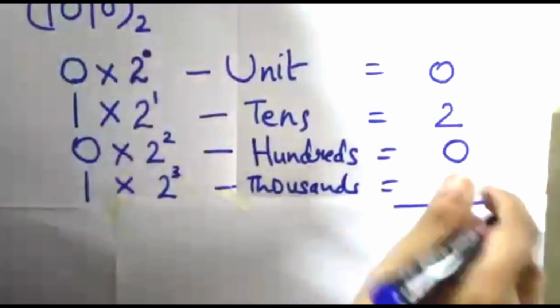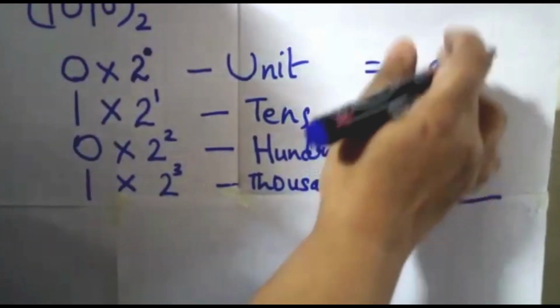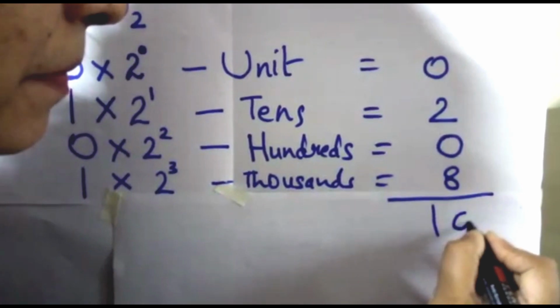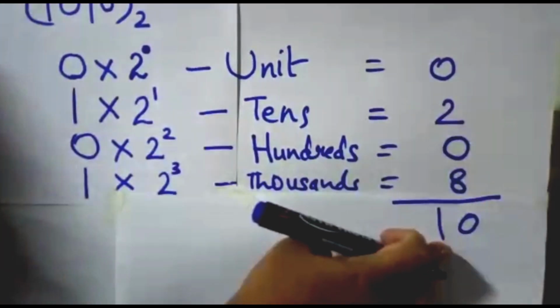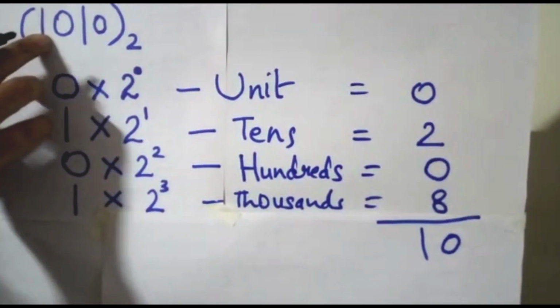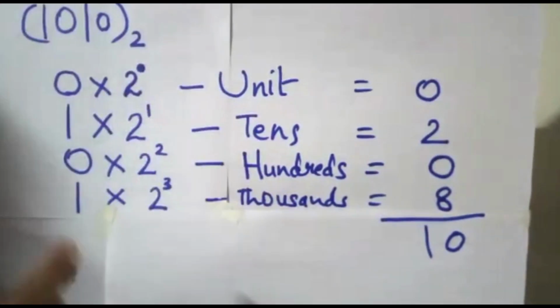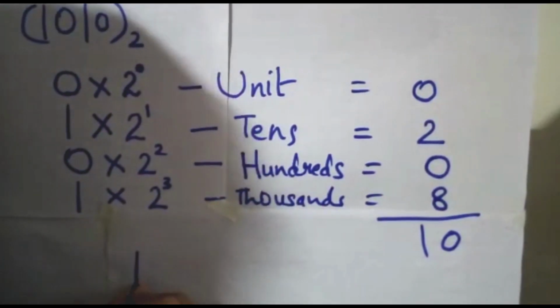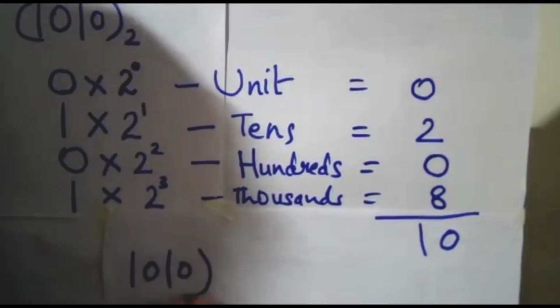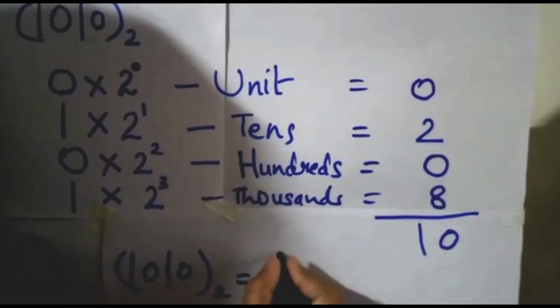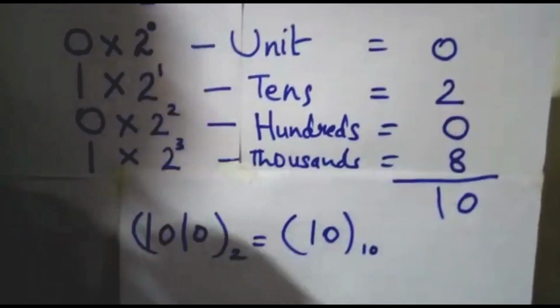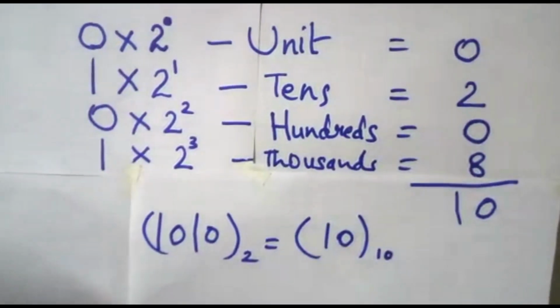Add all the digits, 8 plus 2 will be 10. So this is the decimal equivalent of 1010. So 1010 in binary will be equivalent to 10 in the decimal number system.